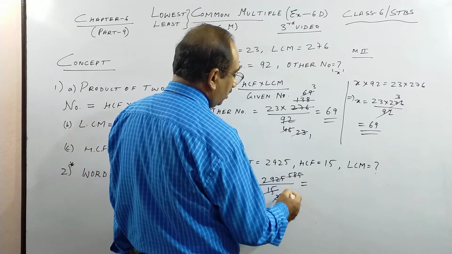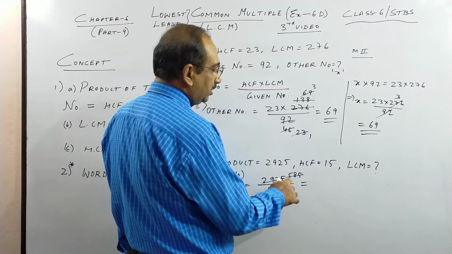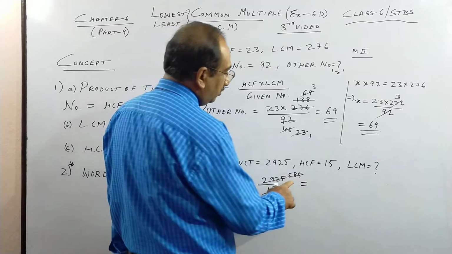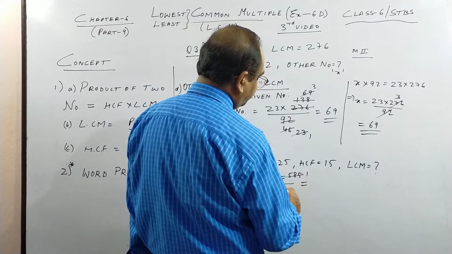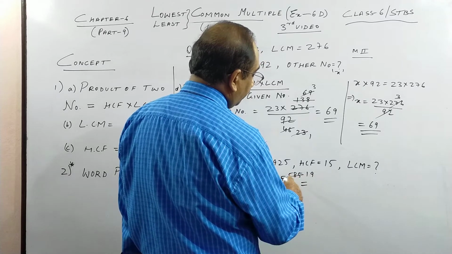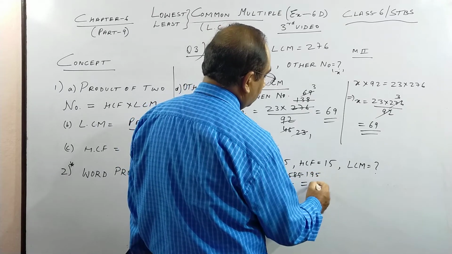So this will go by 3, because sum of the digits is 18. 18 comes in the table of 3. So this number will go by 3. 3 1s are 3, 3 9s are 27, 3 5s are 15.